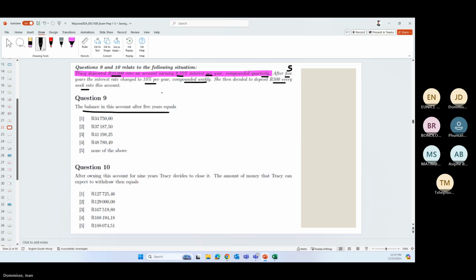So she's got a present value of 25,000, because that's what she deposited into the account at an interest rate of 9.75 compounded quarterly, so times per year is quarterly, which is 4 times a year.